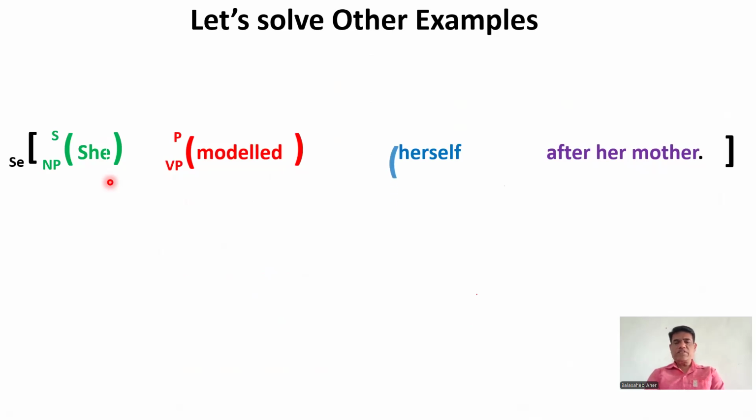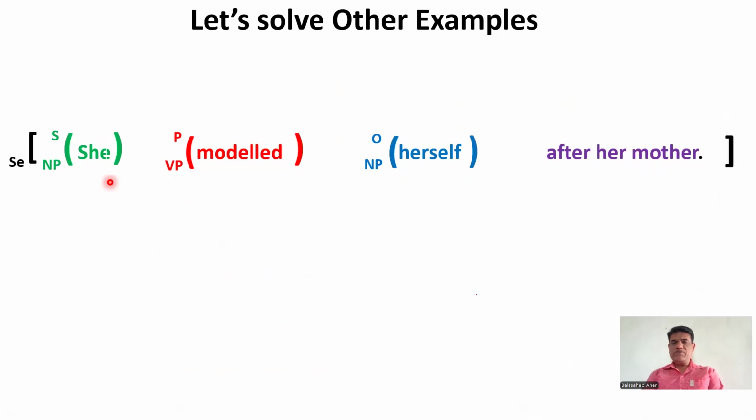So now let us put a round bracket around "herself", because from "after" we will have the prepositional phrase. This is a noun phrase, just like "she", and we have to analyze it. Now this noun phrase will be an object, because we have the subject at the beginning of the sentence, and in a single clause there will not be two subjects. So this is an object.